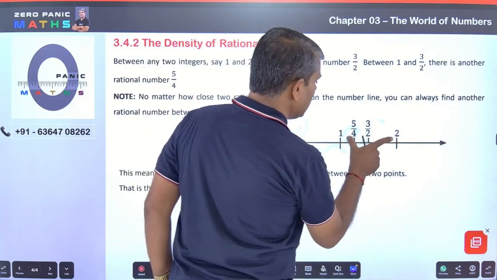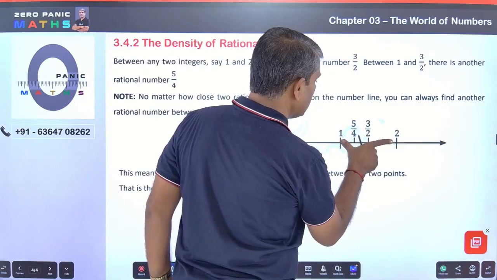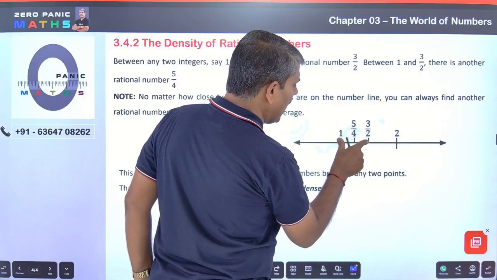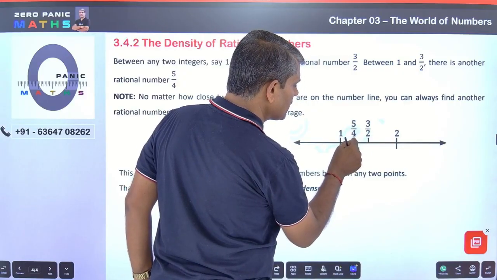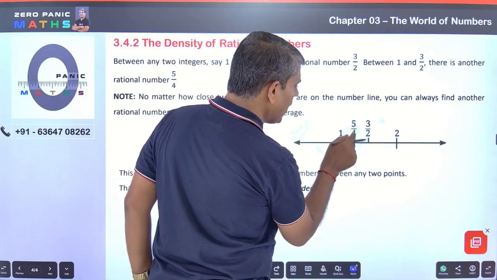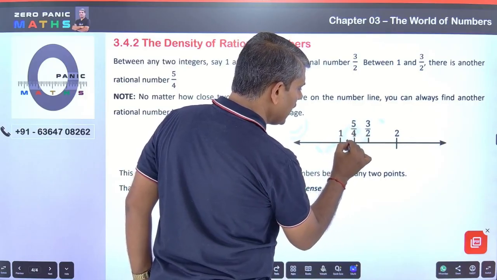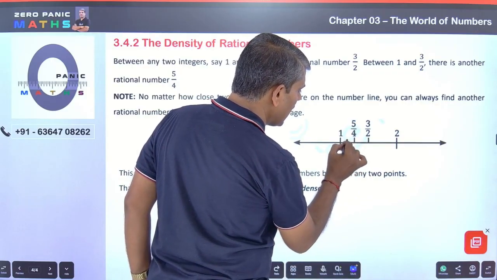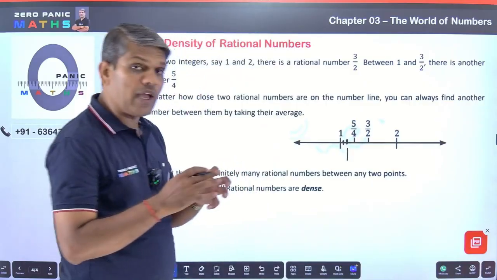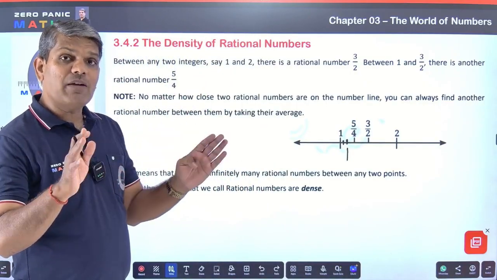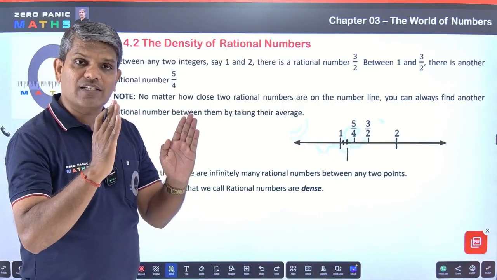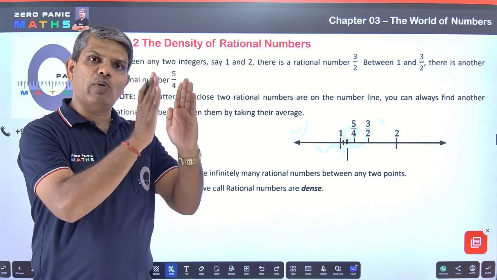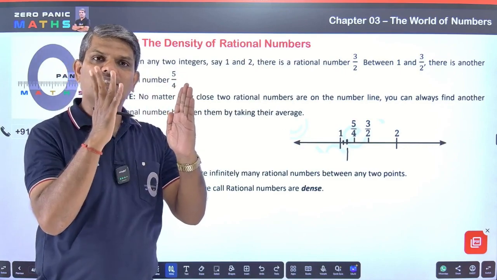Now, you divided the unit between 1 and 2 into two parts. Now you take this point and divide it into two parts. Again, you can take 5 by 4 and divide this and take this part. Again, when you take this point, you can divide that and get one more point. So this way, whatever may be the distance between two fractions on the number line, you can always take half of that and divide that distance into two parts.